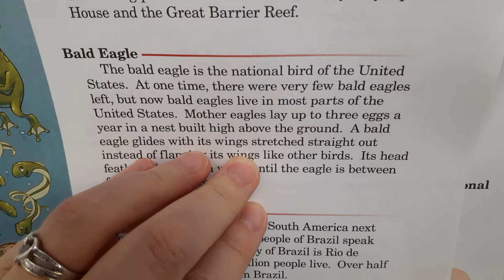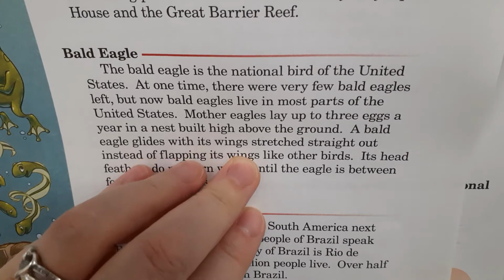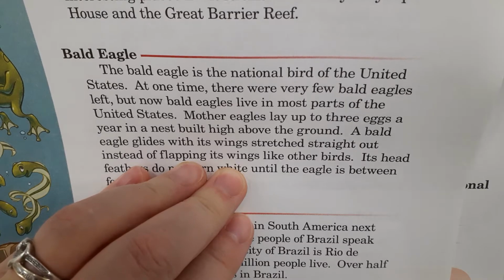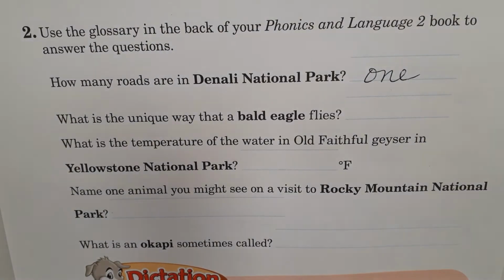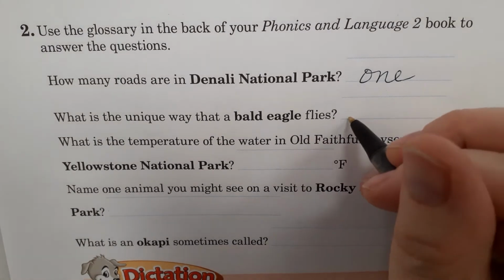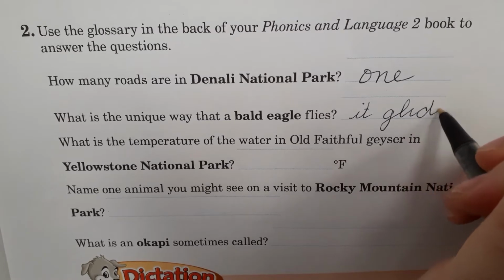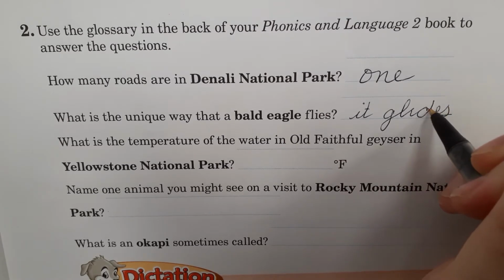A bald eagle glides with its wings stretched straight out instead of flapping its wings like other birds. So it glides with its wings stretched straight out. It glides instead of flapping its wings. Glides.